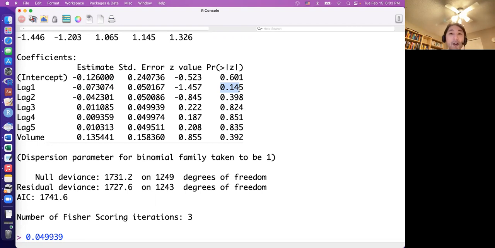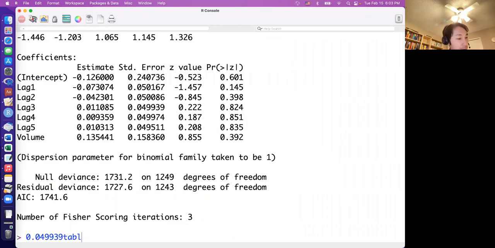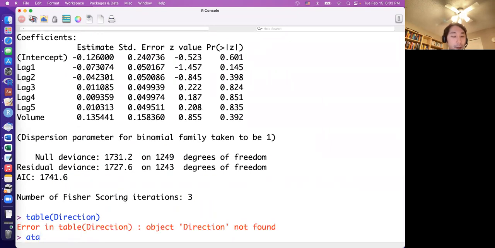And okay, so forecasting is easy if the response is unbalanced. For example, if 90% of the days the stock market is up, then it's really easy to predict that direction. We can always predict up, then we are 90% correct. So we want to check the balance. Maybe we have to attach the stock market data.